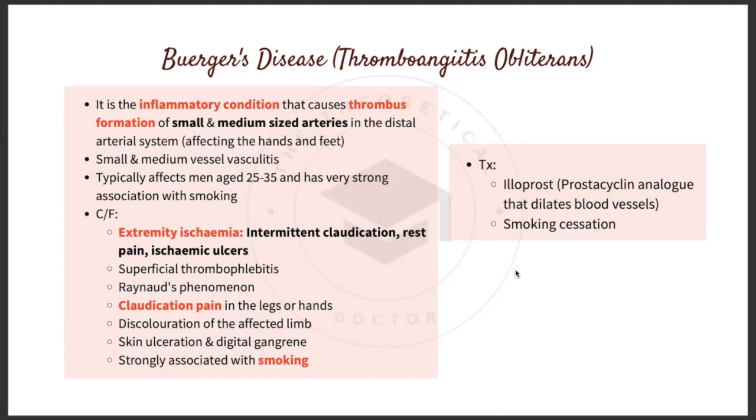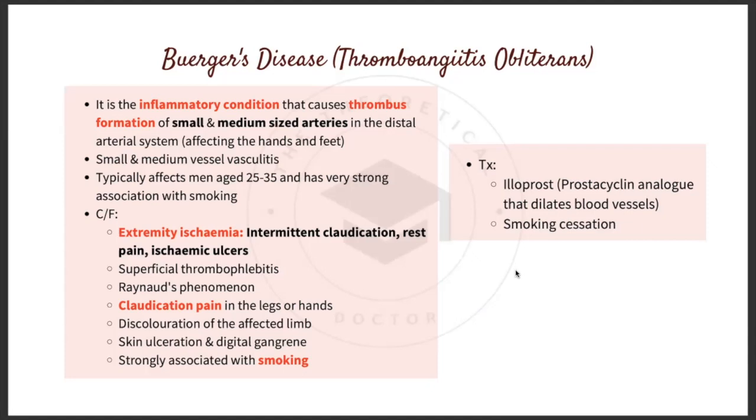And then eventually, they may have resting pain and also formation of ulcers, usually ischemic ulcers, and they will be gangrenous, black color. Superficial thrombophlebitis, they may even have Raynaud's phenomenon. Claudication pain, as I mentioned earlier, in the legs or the hands. Discoloration of the affected limb, skin ulceration and digital gangrene. And as I mentioned earlier, it's strongly associated with smoking.